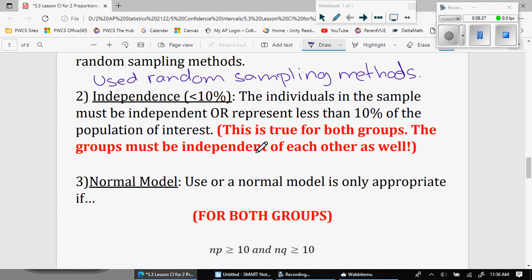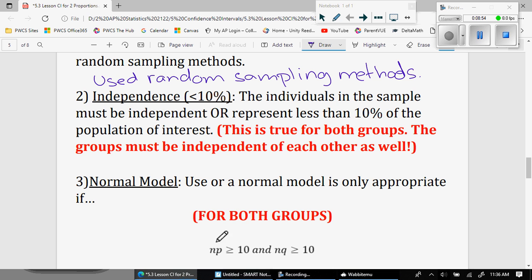I see no reason why one group would influence the other. And so we can say that both groups are also independent. So you want to document your independence for both groups individually, as well as saying that they are independent of each other. Because if they're not independent of each other, this is a different type of test that we're not talking about. And then, of course, we need to establish that a normal model is appropriate for both groups.